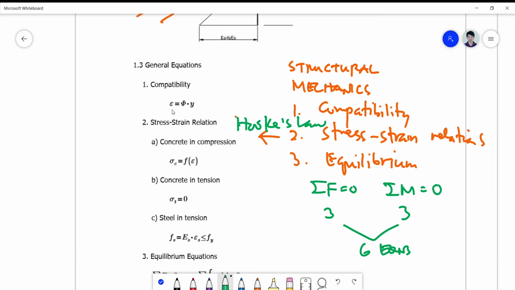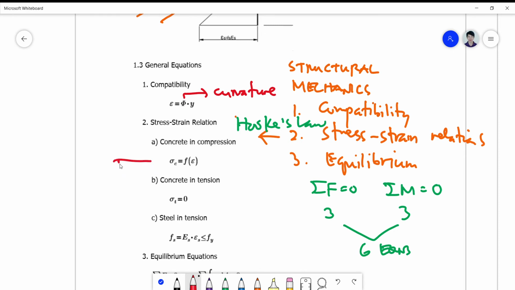And that proportionality is given by the constant of proportionality, which is the curvature. So this is just a definition again of curvature with regards to compatibility.